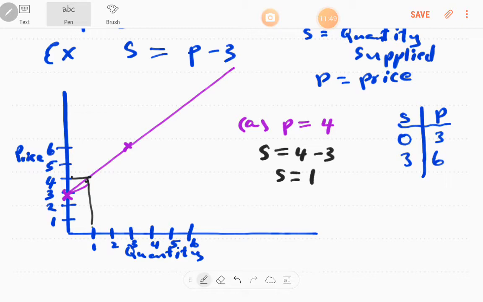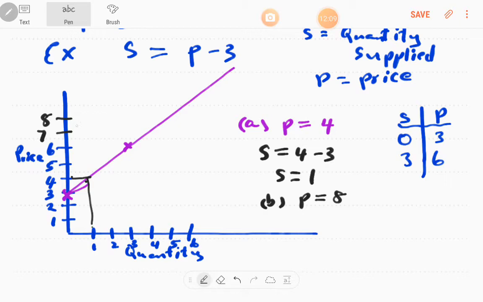And let's say we ask about when the price is 8. Okay, so let's extend this graph.